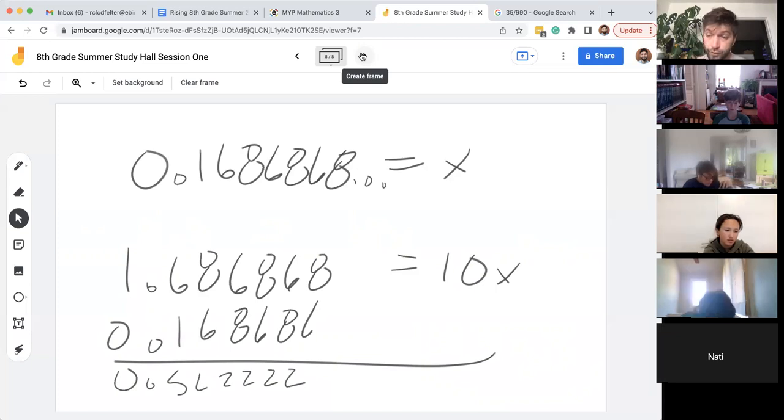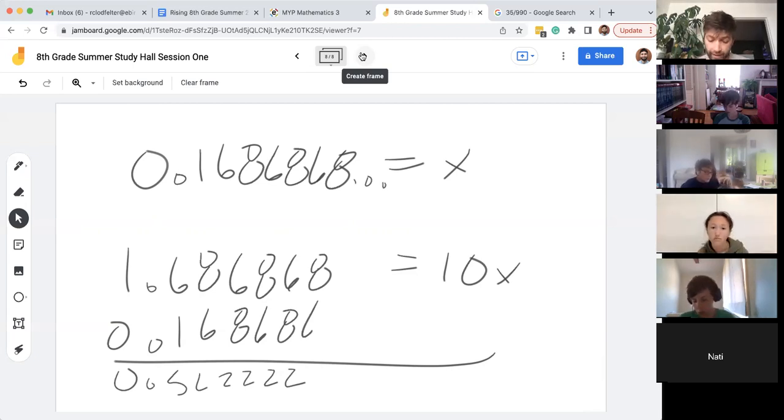So the whole point of doing this is I create a situation in which I have two numbers that have the same decimal pattern repeating forever, so that when I subtract the smaller one from the bigger one, that repeating pattern subtracts to 0. And then I don't have to worry about it. Oh, that makes so much more sense.